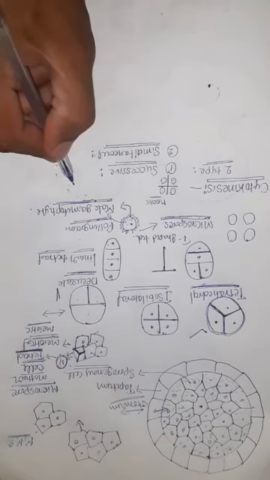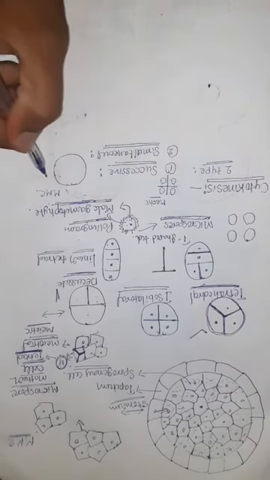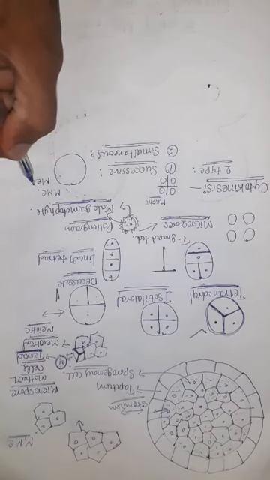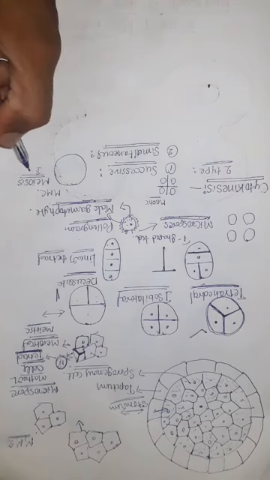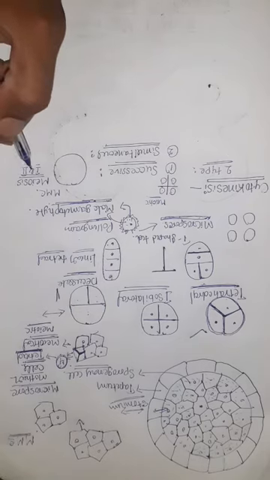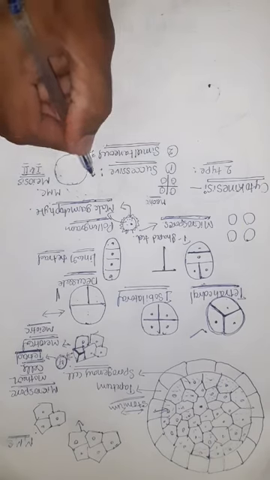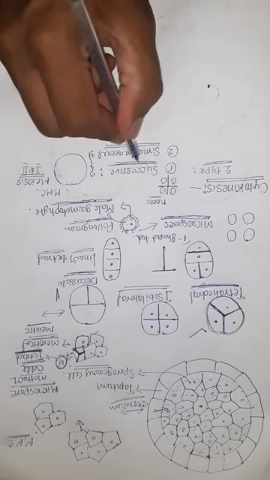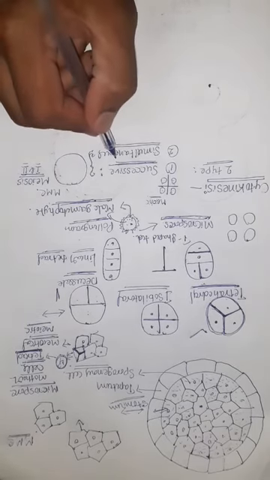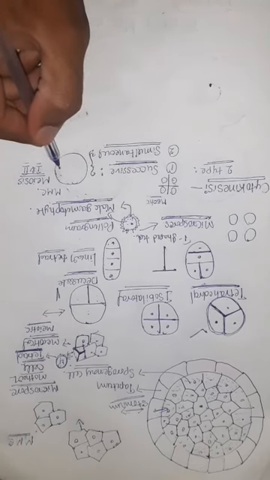Here it is very simple. For example, this is the MMC. Generally meiosis occurs in 2 stages, meiosis 1 and meiosis 2. Now, based on the time of wall formation, these 2 types are divided. In the successive type of cytokinesis, the pollen mother cell undergoes meiosis 1 followed by immediate wall formation.